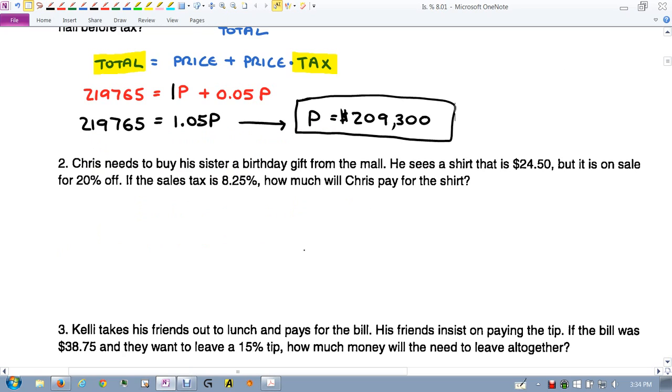All right, Chris needs to buy his sister a birthday gift from the mall. He sees a shirt that is $24.50, but it's on sale for 20% off. If the sales tax is 8.25%, how much will Chris pay for the shirt?